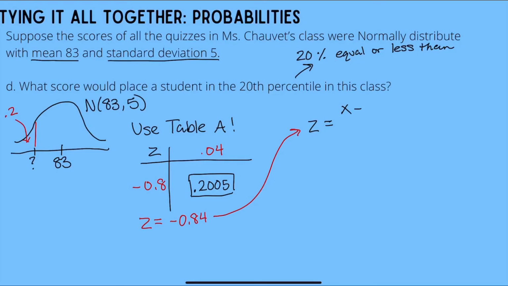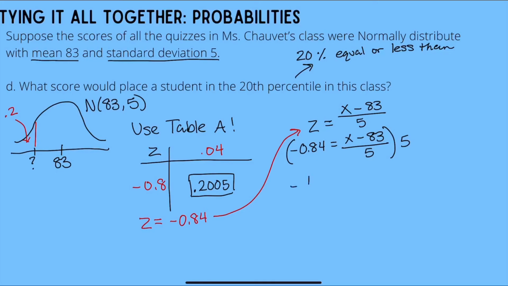So now that we have the z-score, we can use it in our formula, which, remember, we don't know our value. That's what we're looking for. And we know our mean and we know our standard deviation. Now we also have a z-score. So we're going to plug this in. Negative 0.84 is equal to x minus 83 divided by 5. Now it just comes time to do some simple math and algebra here. So you'll multiply both sides by 5. So you'll multiply negative 0.84 times 5.